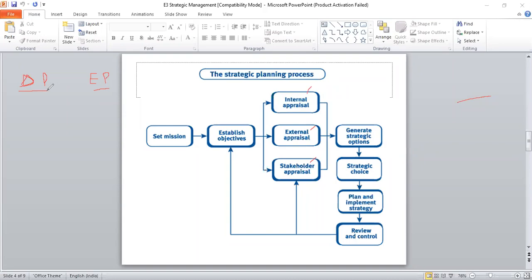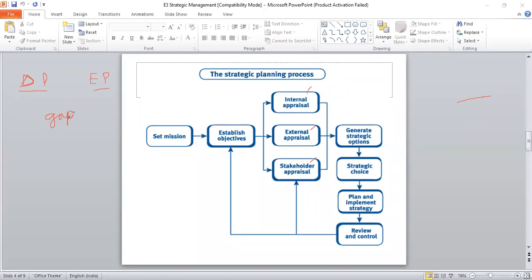If these two things are not the same, if there is a gap between the desired performance and the expected performance, then we see what is the gap which is there between them.